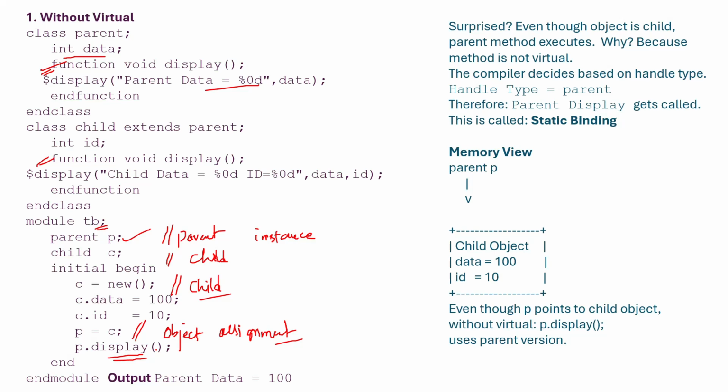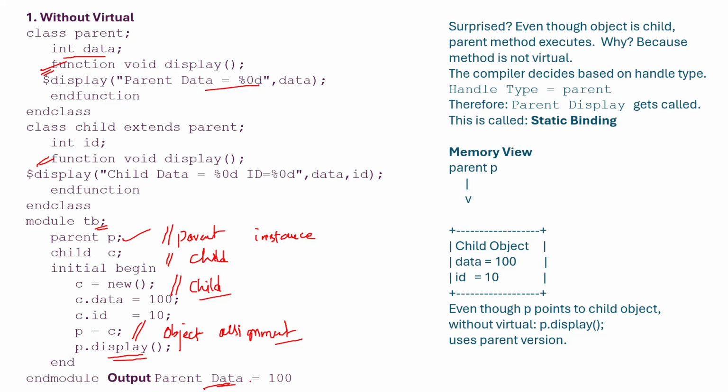Here I am using the parent class handle, so the output is parent class data. If you want to call a method, that means a function, you need to specify the object. For whom are you creating the object, child or parent?